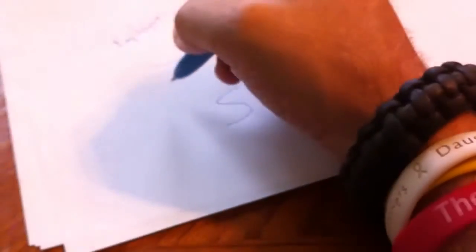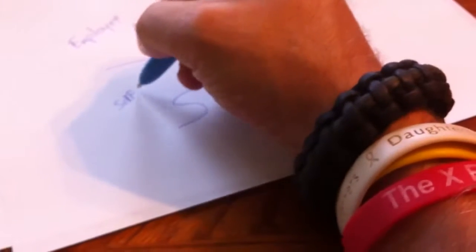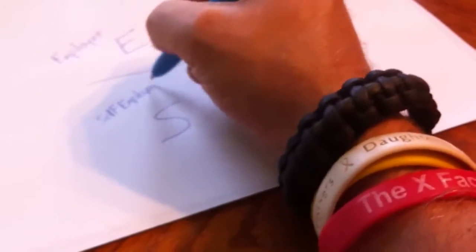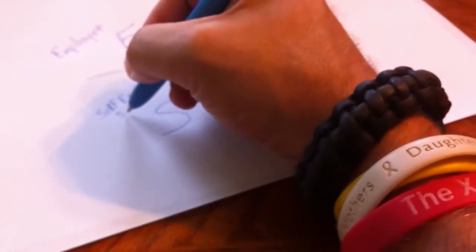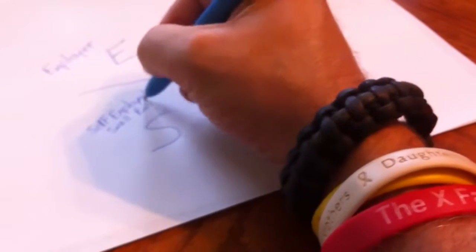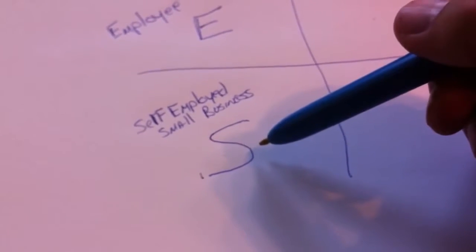The bottom left quadrant is the S quadrant, and that stands for self-employed, or small business. That basically means you work for yourself. So as an employee, you work for somebody else. As a small business owner or self-employed, you work for yourself.